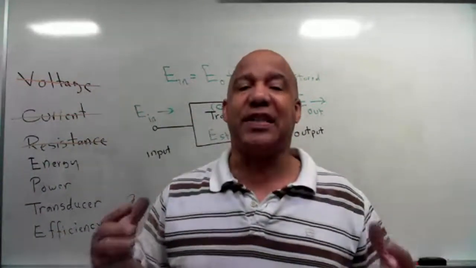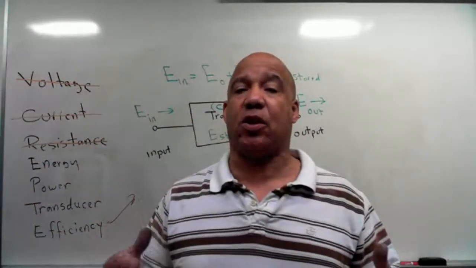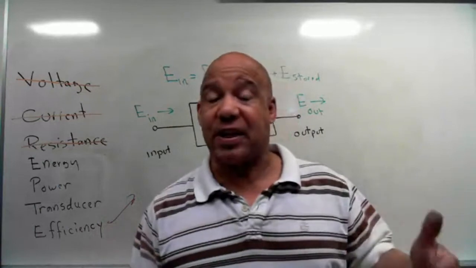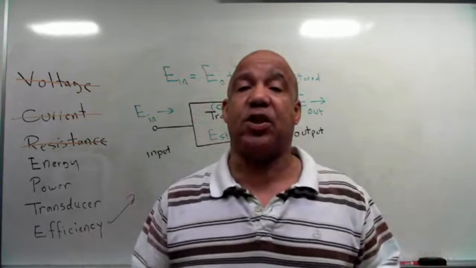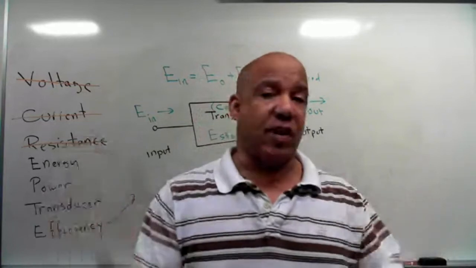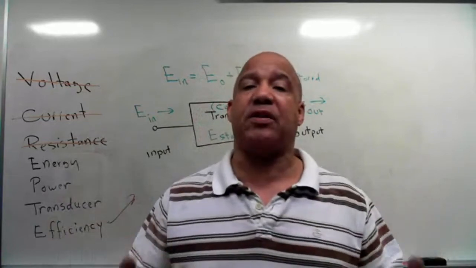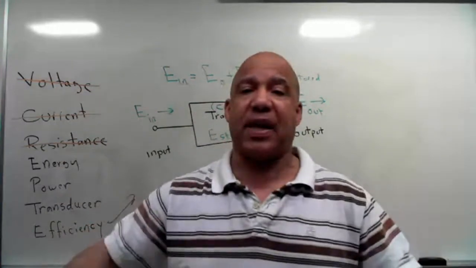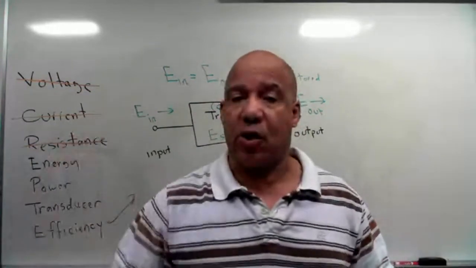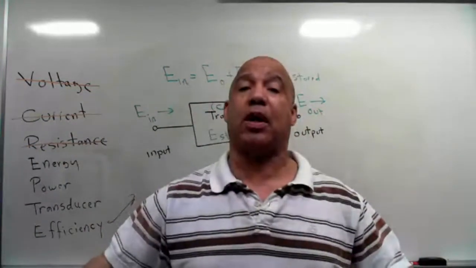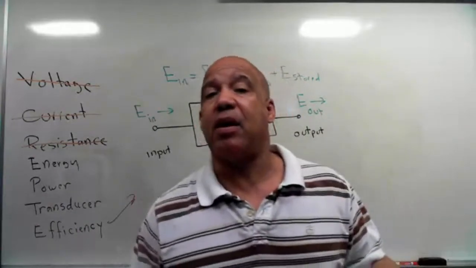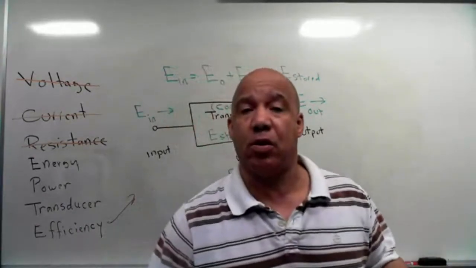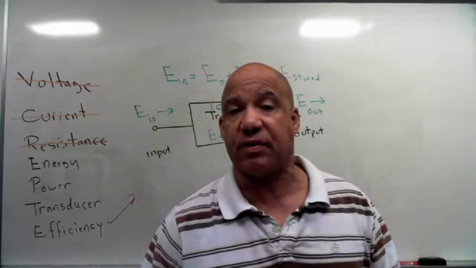So if I say the engine is 30% efficient, you can also say it's 70% inefficient. 70% of the energy you put in is flushed down the toilet. It goes to something else other than turning your wheels. Only 30% of that energy actually goes to do what an engine is supposed to do, to turn your wheels. Now in the car, most of the energy is used in overcoming friction.